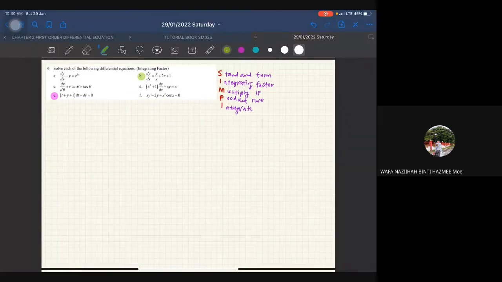Alright, so it gives us dy/dx equals y over x plus 2x plus 1. Okay, so first what we must do is make our differential equation into standard form.